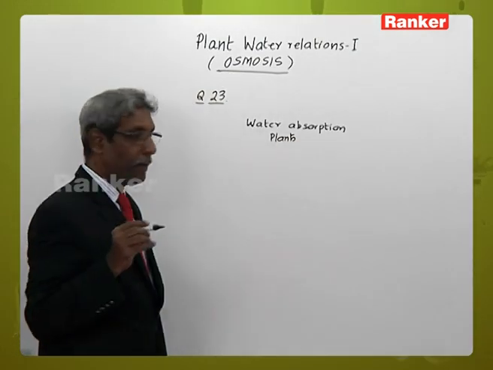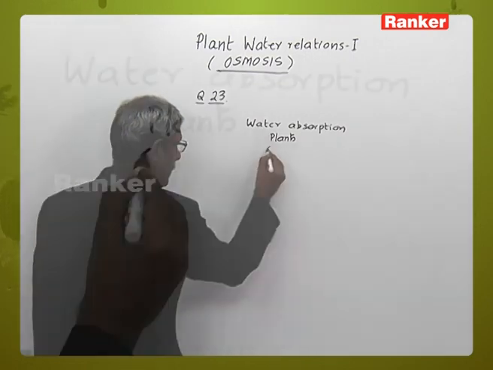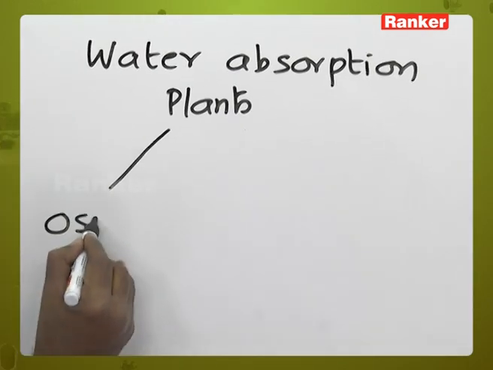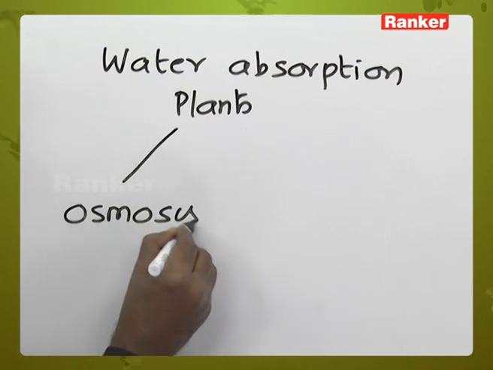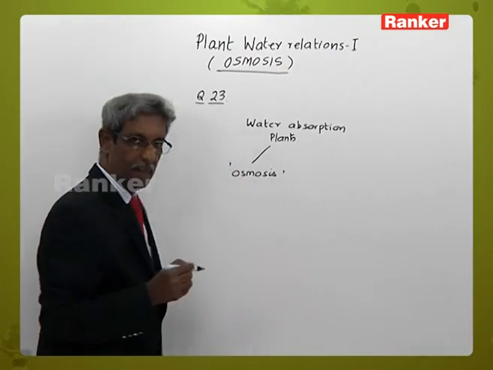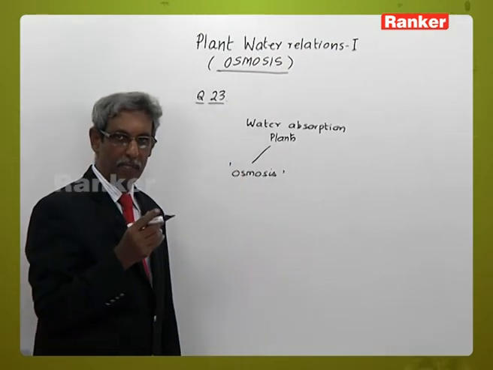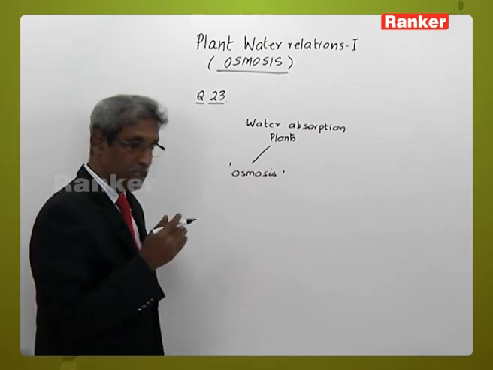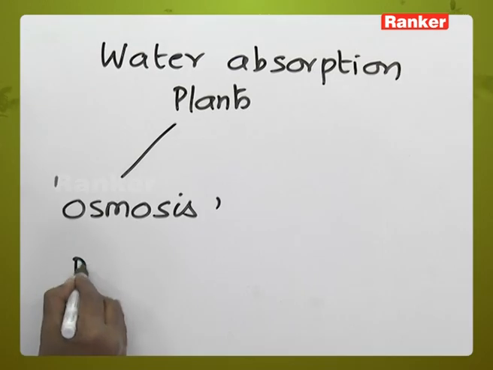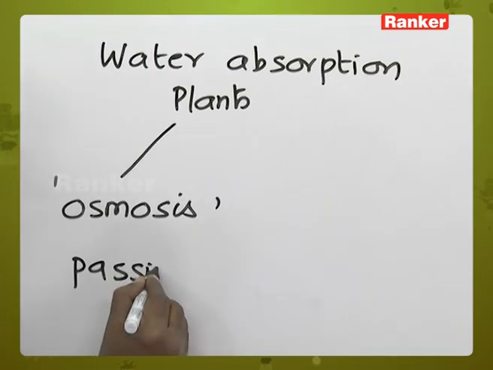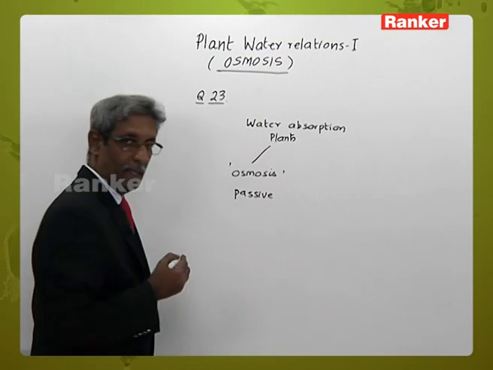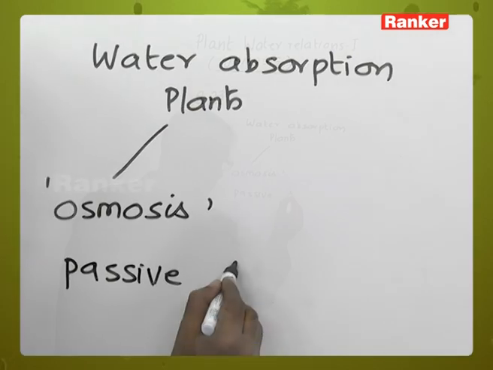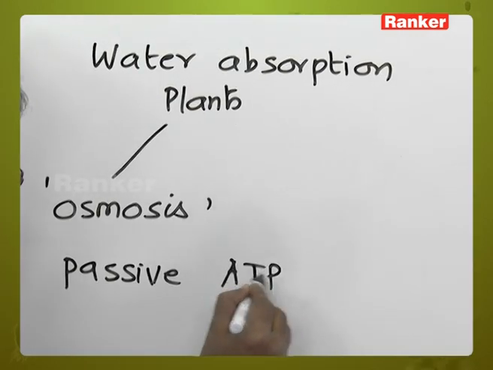the total water absorption in plants is predominantly determined by the process of osmosis, that is, the selective movement of the solvent via a semi-permeable membrane. The process of osmosis is passive. It is passive absorption, that is, it does not involve metabolic energy like ATP.